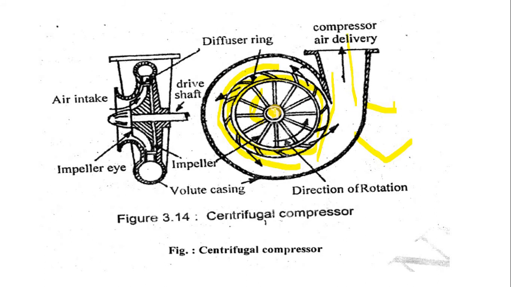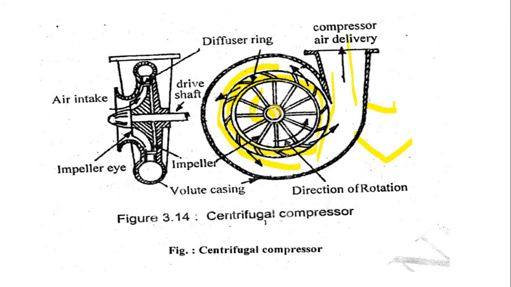Why is it named the centrifugal compressor? Because it creates a centrifugal action. The impeller throws the air outward through centrifugal force. That is why the name centrifugal compressor is given.